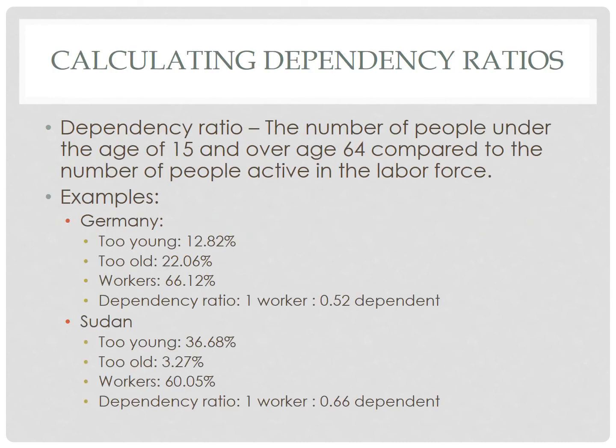All right, so we mentioned dependency ratio a couple of times in this lecture, so let's clarify what we mean by that. It's one of our vocabulary terms. It is the number of people under the age of 15 and over the age of 64, so people who are too young or too old, compared to the number of people active in the labor force.